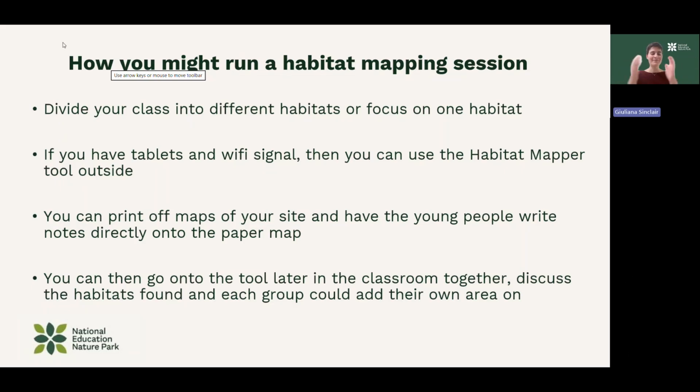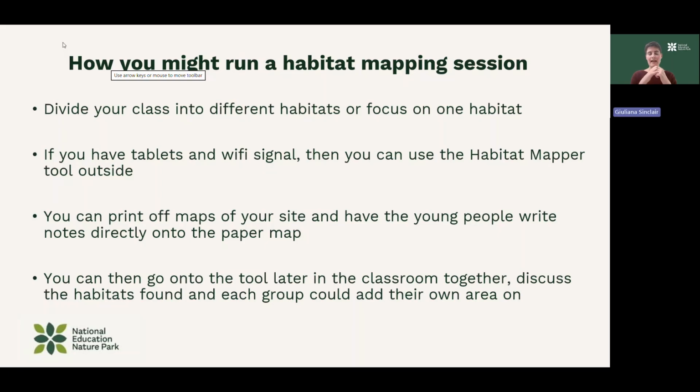Do they agree? You might also have a very active eco club that's really into the habitat mapping side of things, who then come and do a school-wide assembly, for example. We really want to encourage a whole school approach with this, so that as many of you as possible are involved and taking ownership of your school site and really on board with making the changes to improve it for biodiversity.